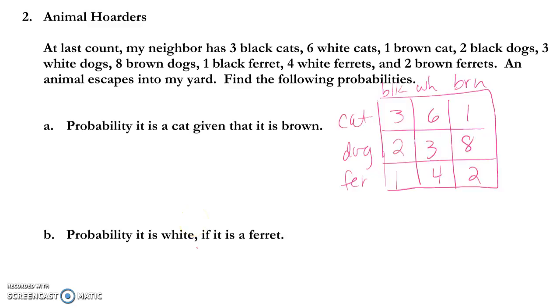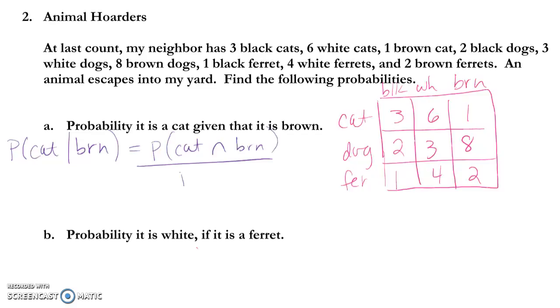Now that we finished our chart, we can go ahead and answer our question. We always want to start by writing the question in words with symbols. This first problem says the probability that we're dealing with a cat given that this animal is brown. Based on my definition, I'm going to do my and statement on top. I'm going to divide that by the probability of the animal being brown.